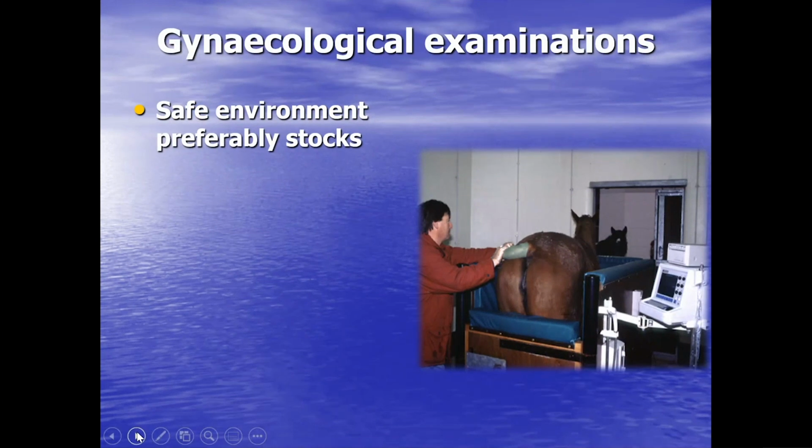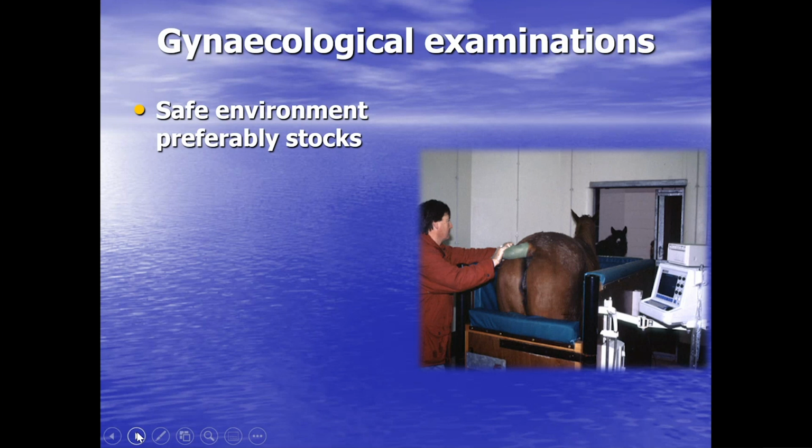Just as a refresher, although we're centering and talking about ultrasound, of course, prior to our ultrasound examination of the mare, we're going to have conducted a manual palpation, a gynecological examination. We may have done a speculum exam as well. They're really important, but we're not going to talk about them today in great detail because today we're talking specifically about the use of ultrasonography to help us predict ovulation.